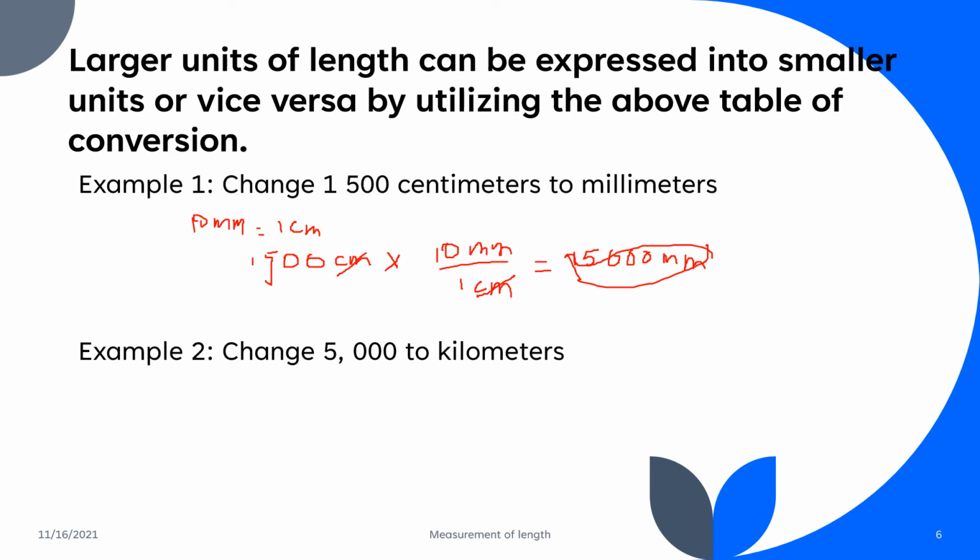Next, example number 2. Change 5,000 meters to kilometers. We know that 1 kilometer is equal to 1,000 meters.